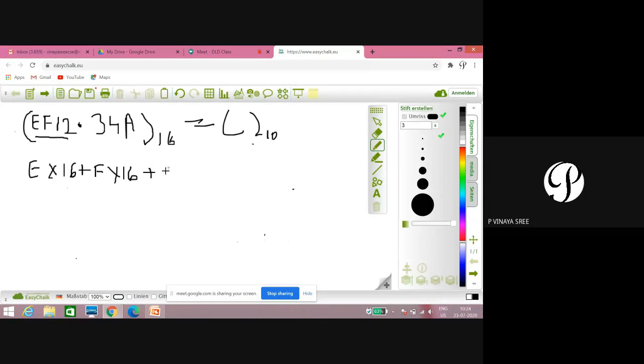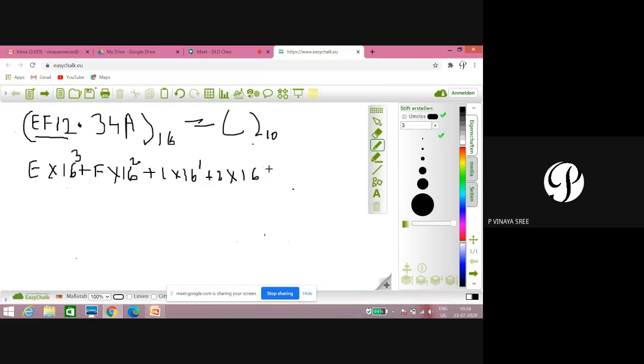Plus 1 into 16 plus 2 into 16. After the integer part is over, let me give the powers. It is 0, 1, 2, 3. Next is the fractional part.